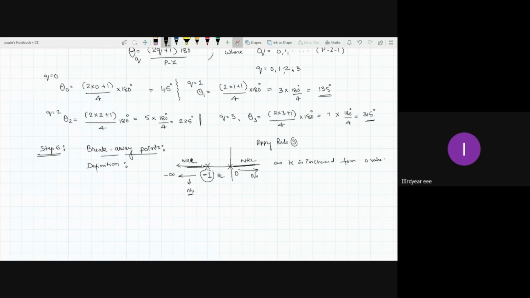You cannot plot your root locus in that region. So the only possibility for root movement is between 0 and -1. As you vary the value of k, the root at the origin starts moving in this direction.